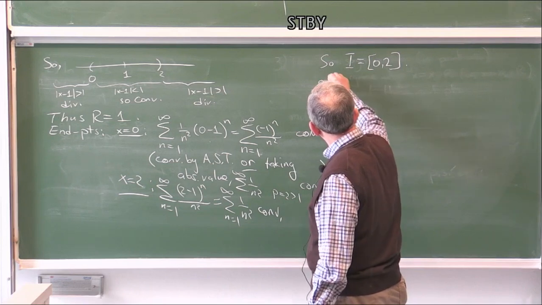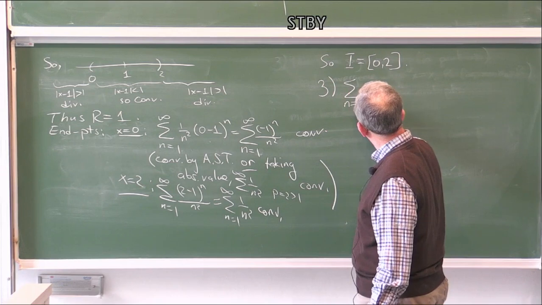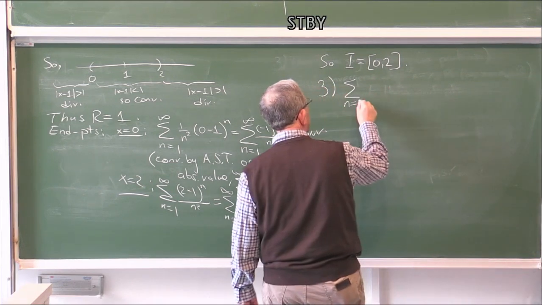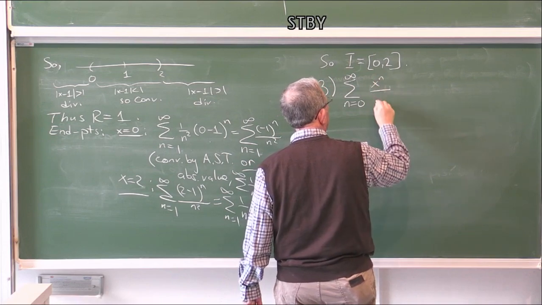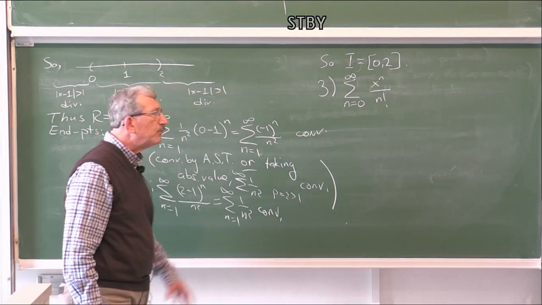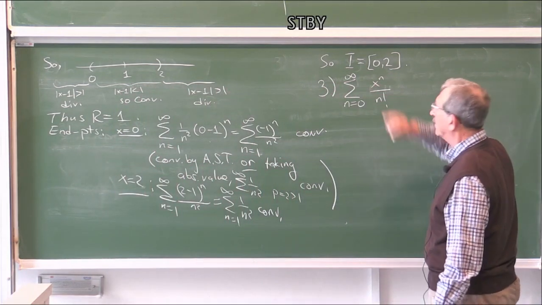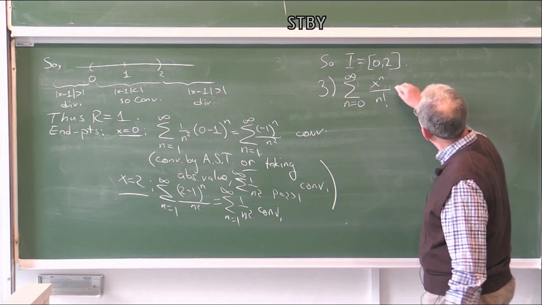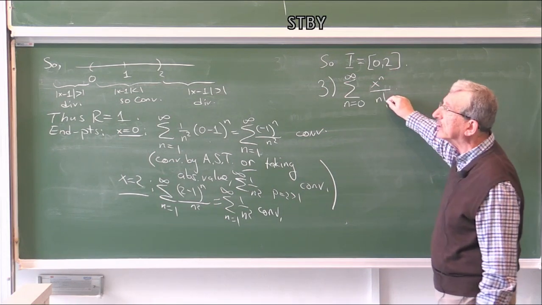Well, still a third example. This time, consider the series, say n starts from 0 to infinity, x to the n over n factorial. Now, this series, again, is not positive because of x to the n. So, we have powers, but we have factorial here.